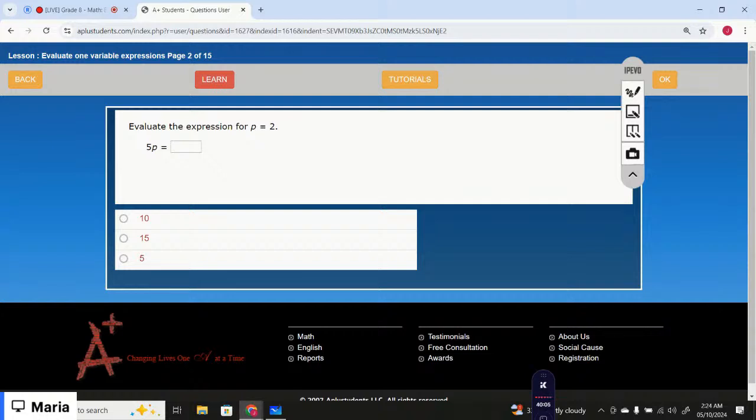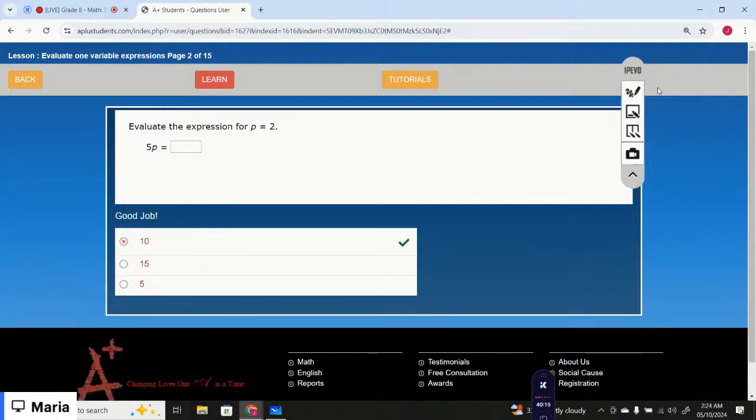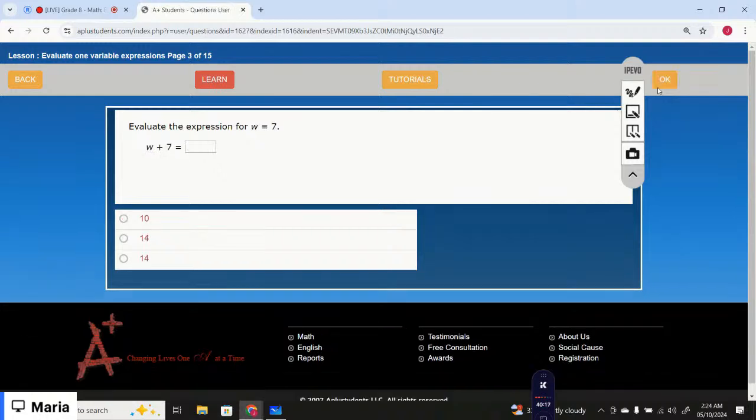So just replace the p with the value, right? 5 times 2. So the correct option is option number 1. That is 10. Evaluate the expression for w equals 7, and the expression is w plus 7. So which is the correct option?